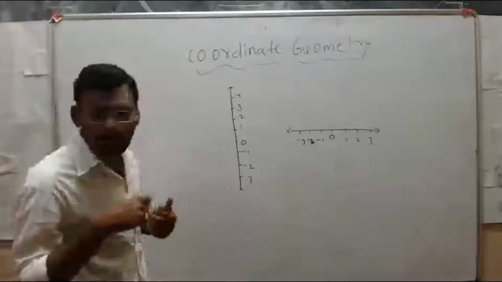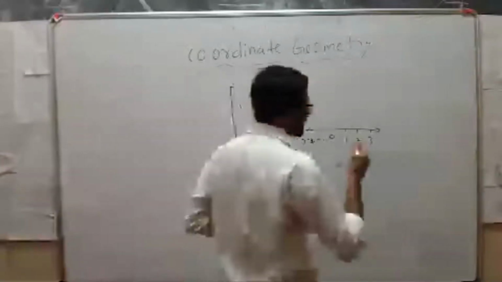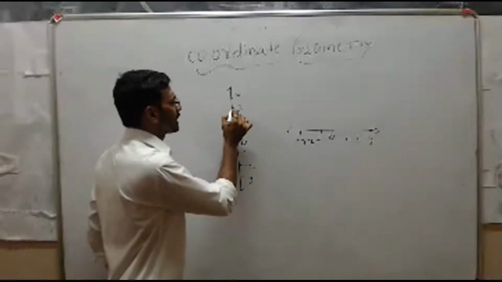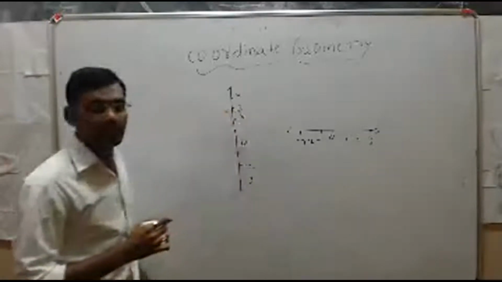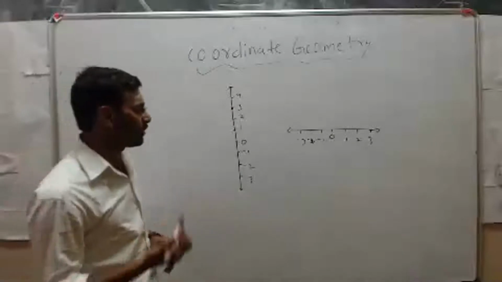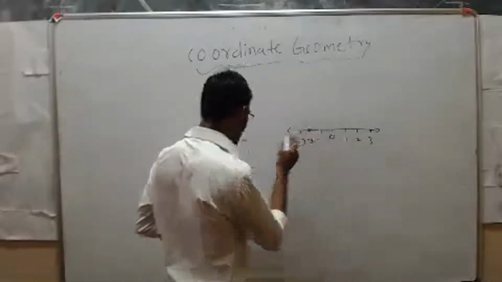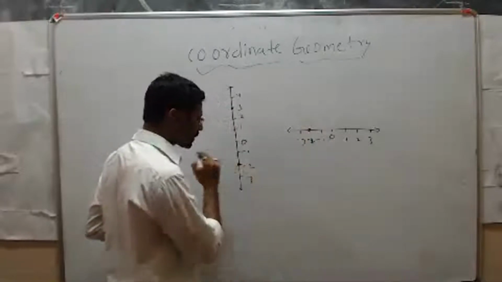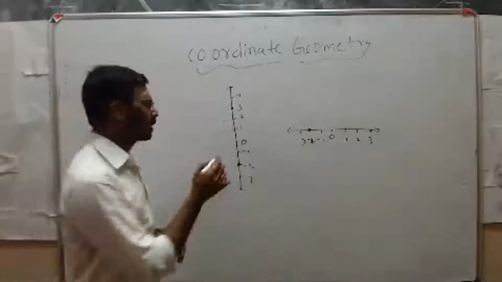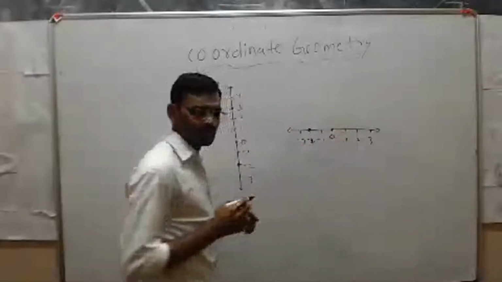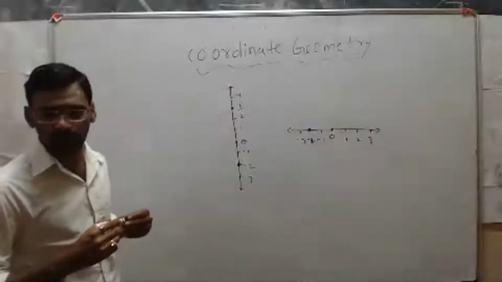The position of plus 3 is here. Then what is the position of minus 2 on this straight line? Minus 2 is here. And 0 is here. How to locate, you know already.